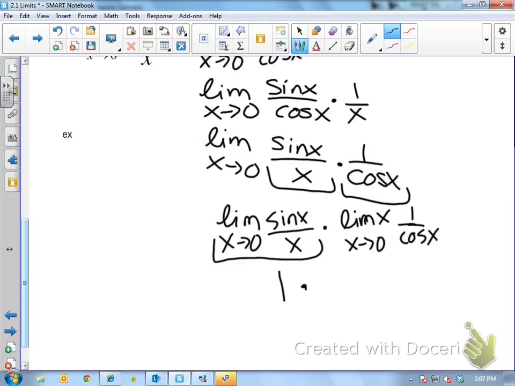And then the other one, limit as x approaches 0, 1 over cosine x. What should we do to solve that limit? What's our first way to try every time to see if it works? With limits, plug it in.